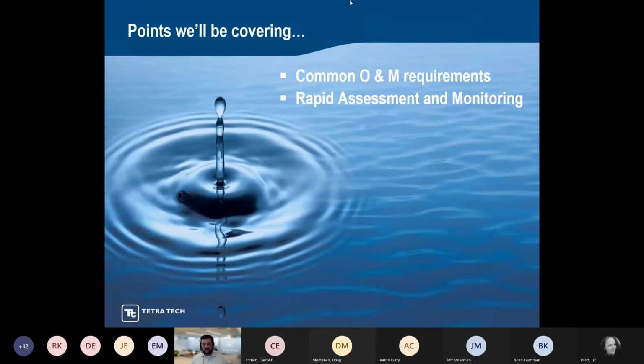And the inventory also must include the maintenance that's required and some other information, such as the BMP type, some of the activities, potentially the schedules, and any assessment by the permittee for proper O&M. Do you have a process in place for ensuring that those BMPs are properly maintained? And then there are a number of resources out there.